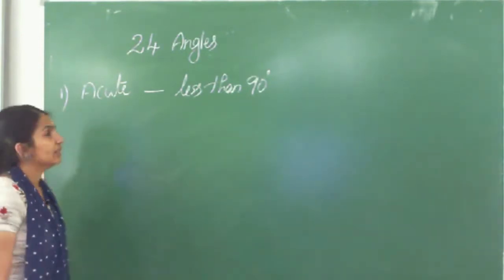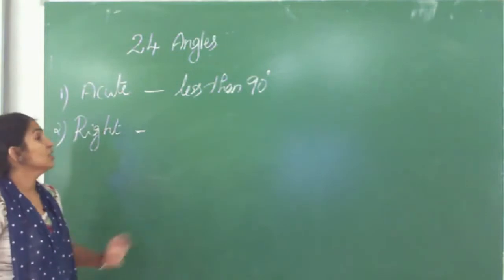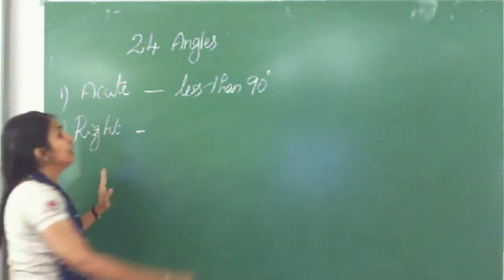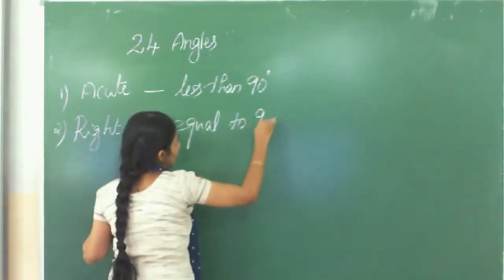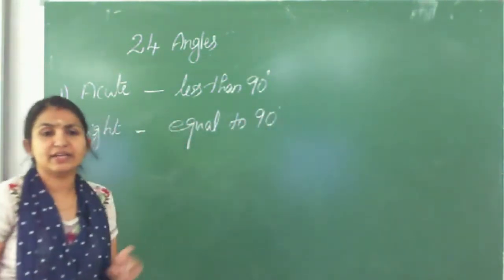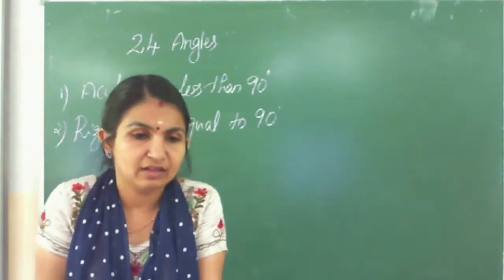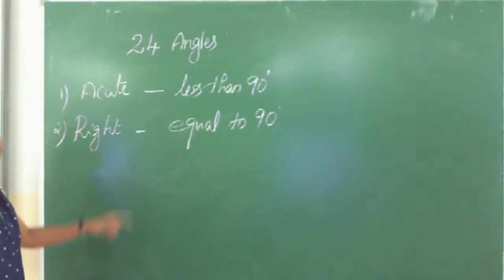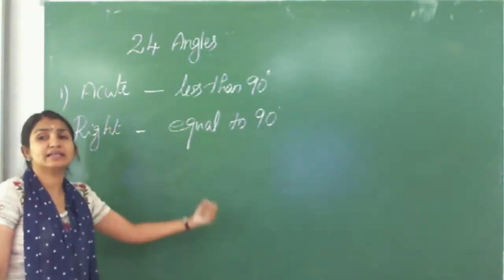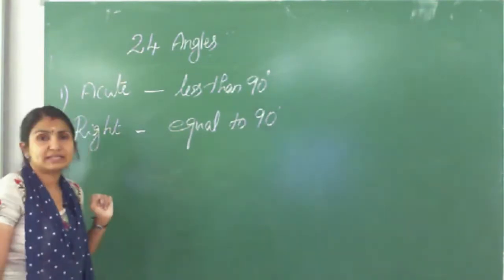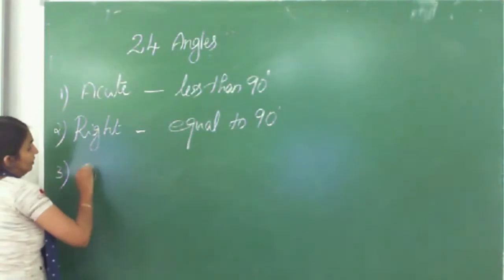And the next one is right angle. Right angles are those angles which are equal to 90 degree. An angle with 90 degree is called a right angle. And the third one is obtuse angle.